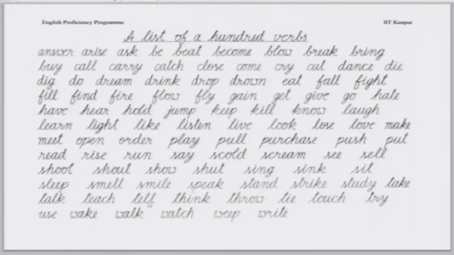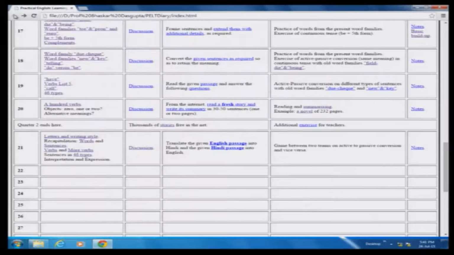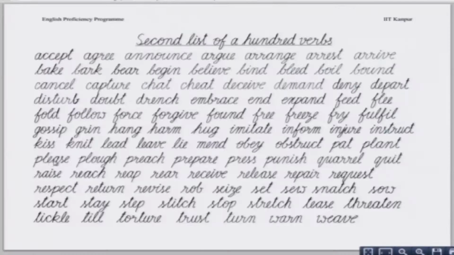I advise you to do this exercise on the first list of 100 verbs, and now we will pick up a second such list and partly do that exercise here. Earlier we have seen some verbs and now we have some more verbs.